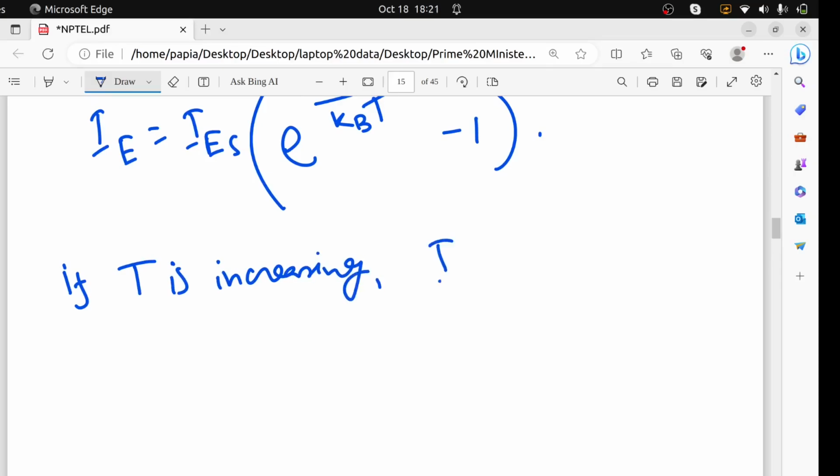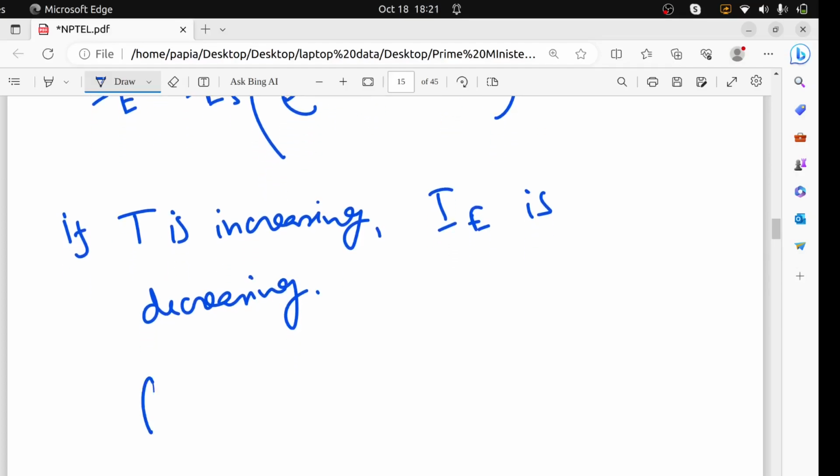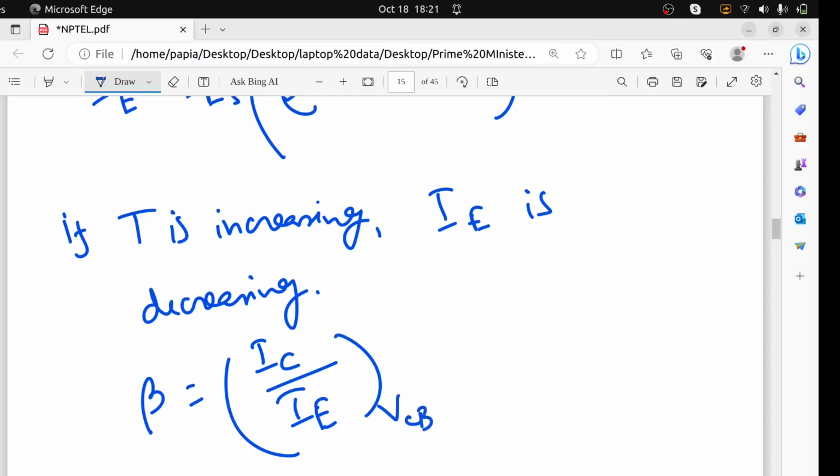So if T is increasing, IE is decreasing. Now coming to beta. Beta is IC by IE, and VCB is constant. So now you can see that if T is increasing, IE is decreasing. That means our beta will be increasing here, right?